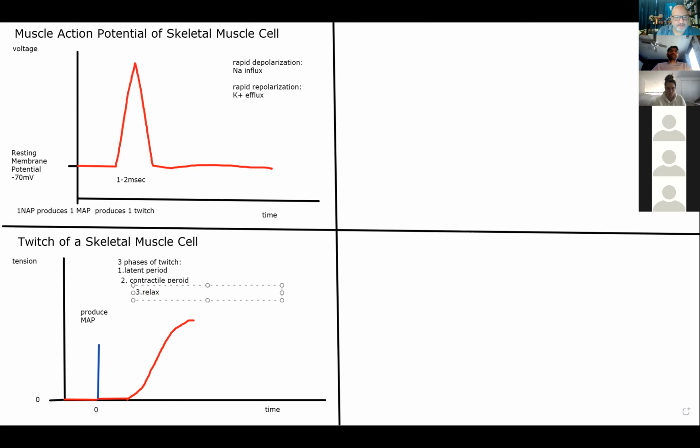Relaxation. And how does the tension change in that relaxation period? It decreases until the cell is back to 0 tension, at which point our twitch ends. And as we mentioned, these twitches last anywhere from 20 to 100 milliseconds.